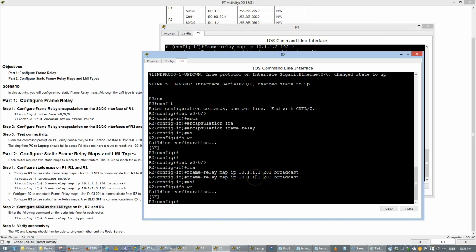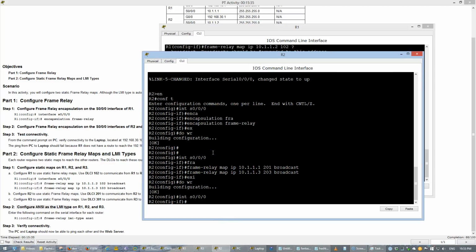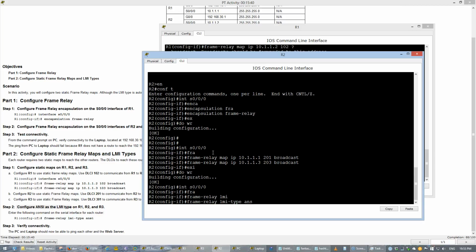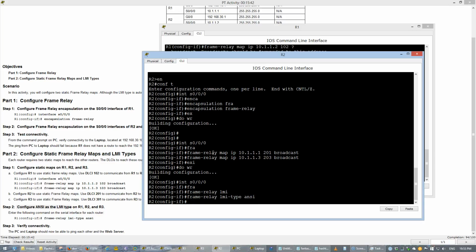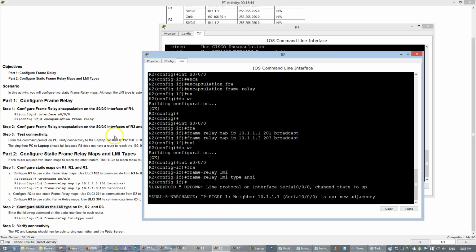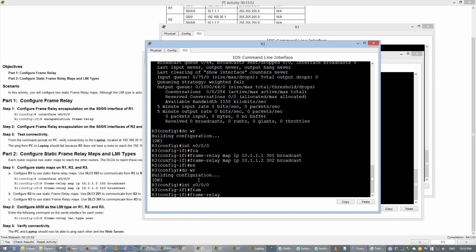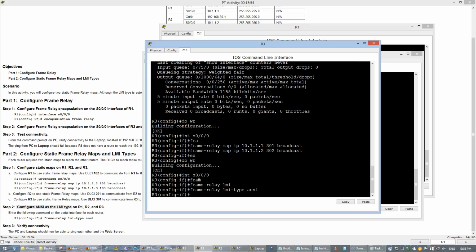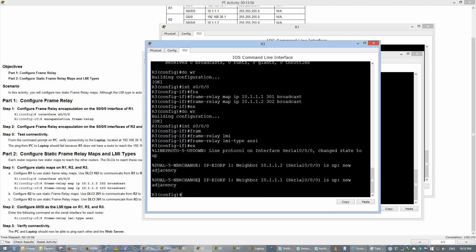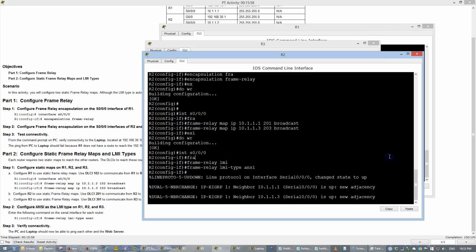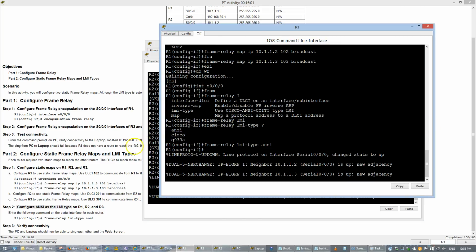R1, R2, it's an industry standard instead of the Cisco proprietary. And then R3. There we go, adjacency, adjacency, adjacency.